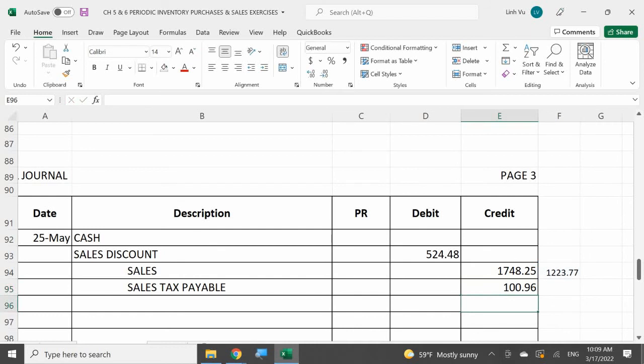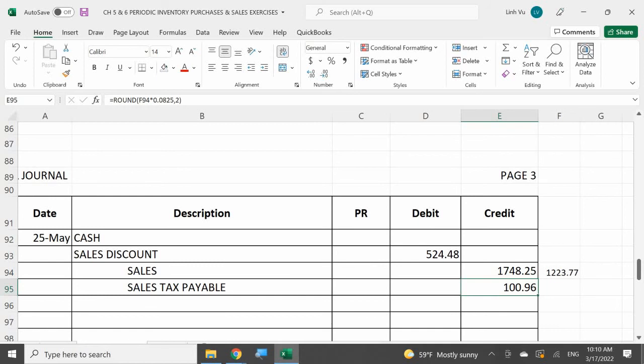No. This is $1,223. You might have done it on the $500. Oh, yeah. We're looking at the discounted amount, not the discount itself.